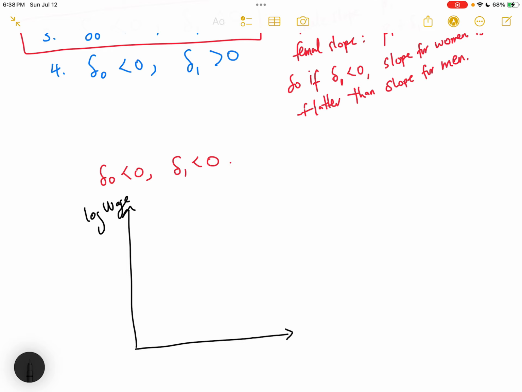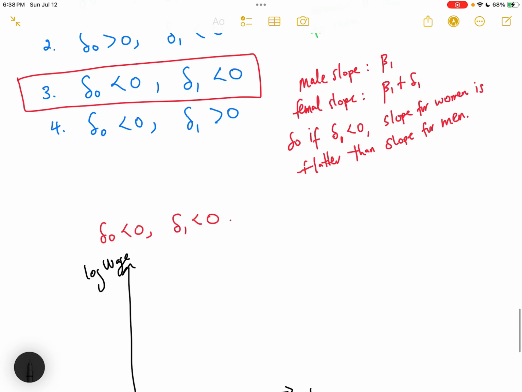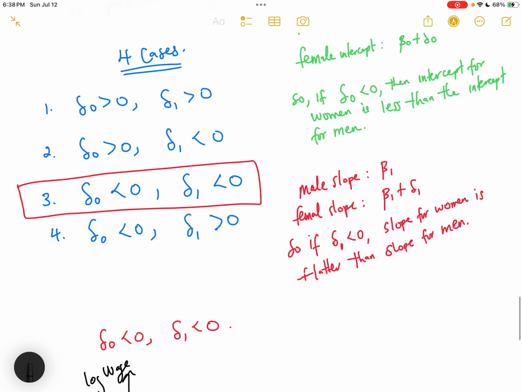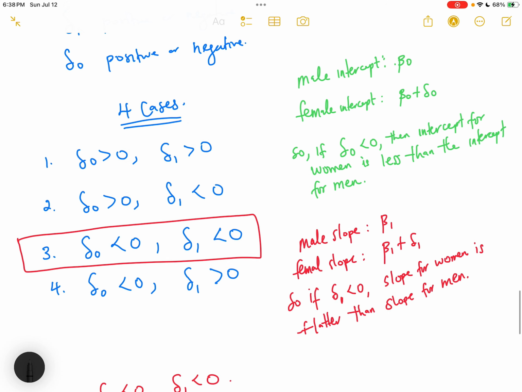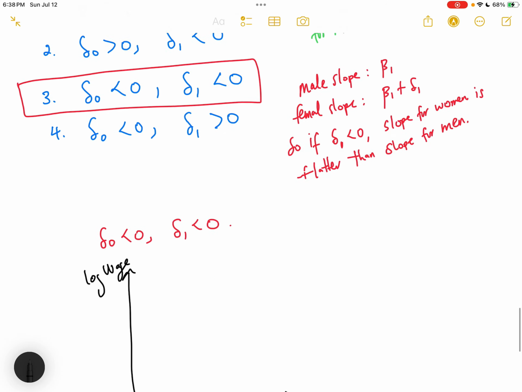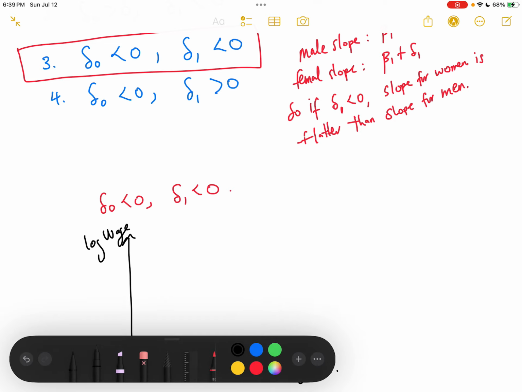We have log wage, and here education. Okay, so delta 0 is negative, delta 1 is negative. What did we say about the intercept? If delta 0 is negative, the intercept for females is less than the one for males.